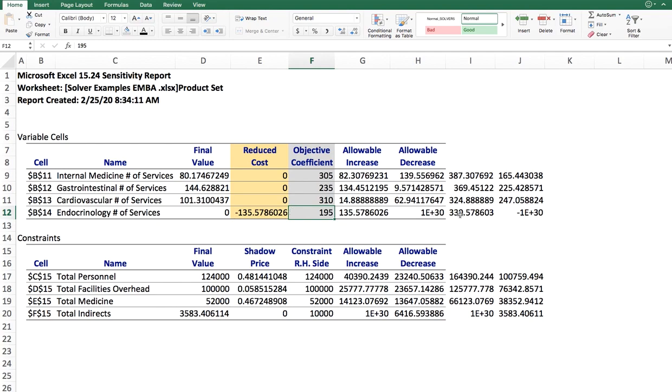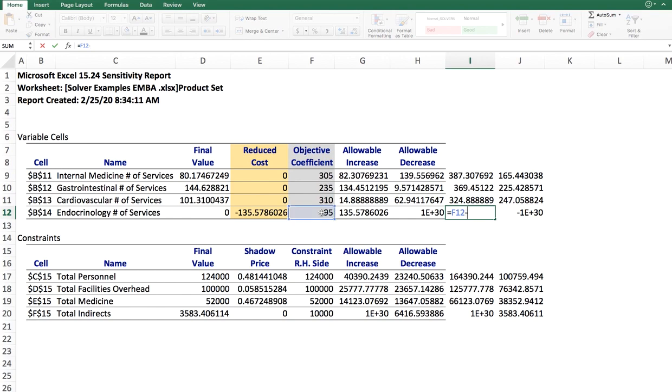So all they're basically saying is, in order for endocrinology services to be included, which means the solution set would be changed and something would be added in endocrinology, you'll have to have this one.